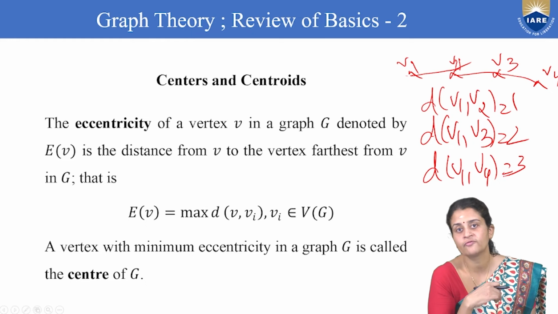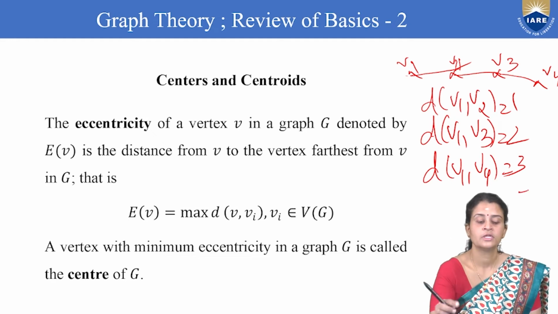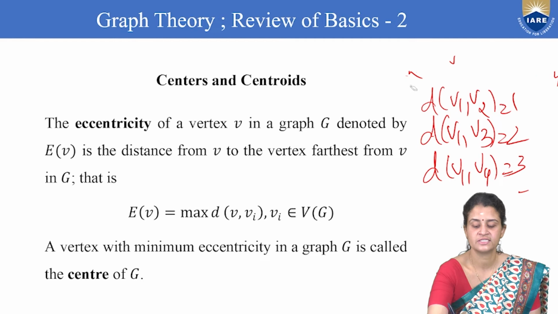So with which vertex is V1 at a maximum distance? V1 is at a maximum distance from V4, right?